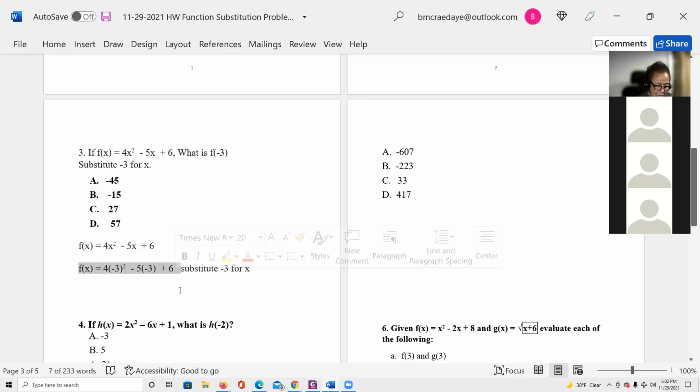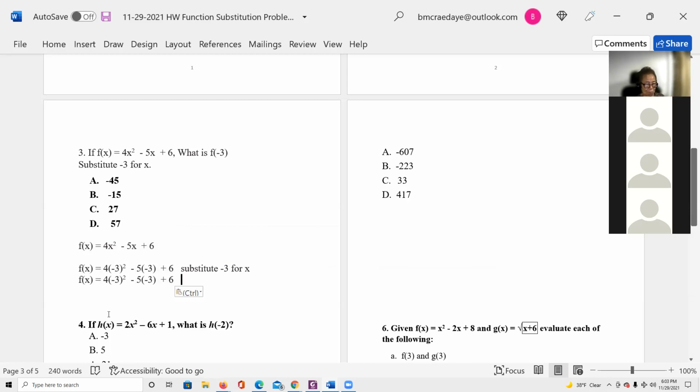Audrey, what's minus 3 times minus 3? Okay, what's a negative 3 times a negative 3? It's 9. So this would be a 9. We square that. Take out the square because we squared it, right?